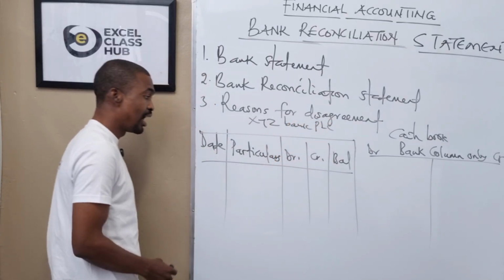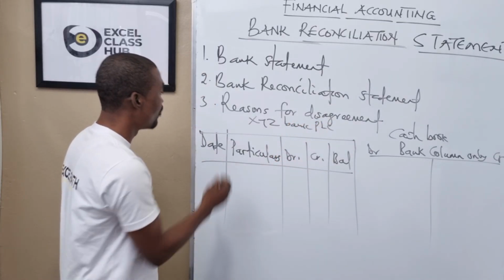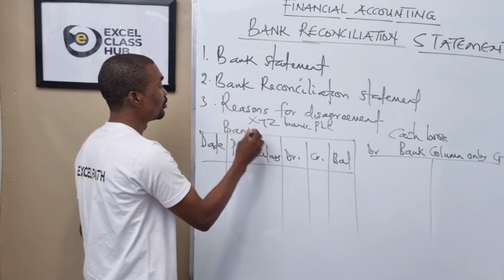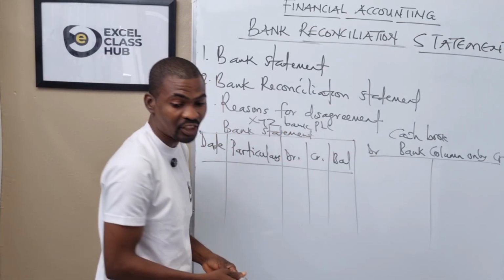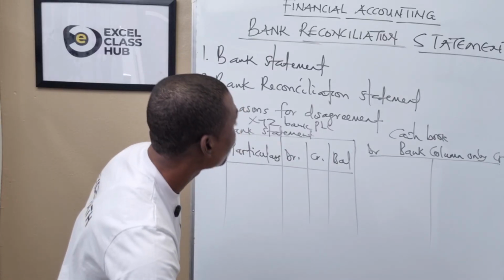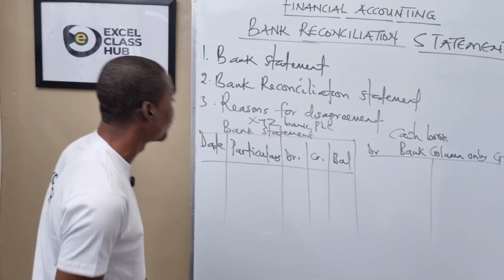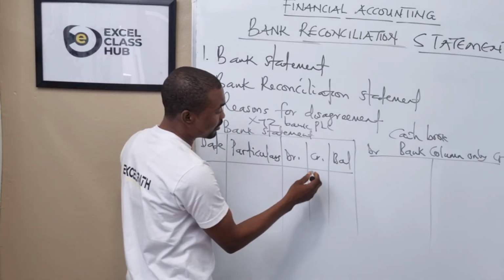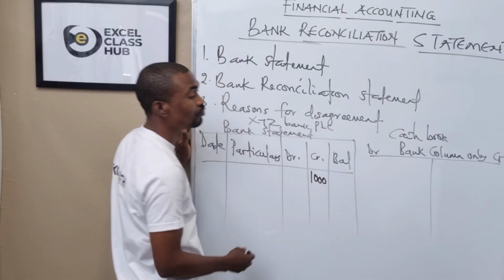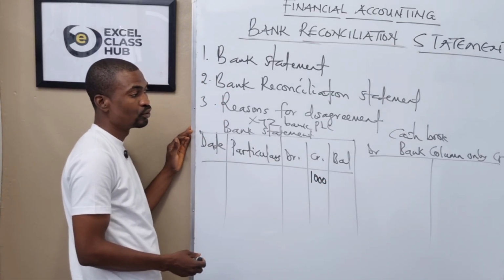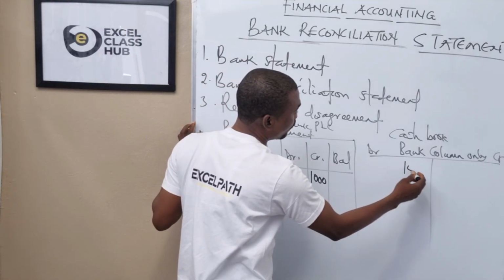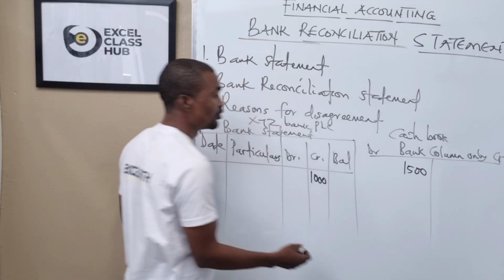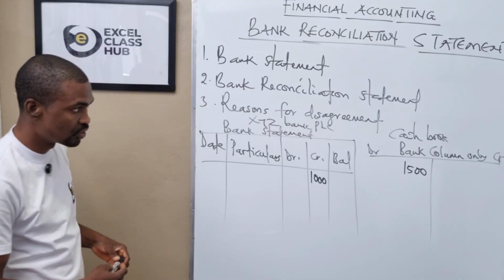And don't forget, these are bank statements, and this is our cash book. Your bank statement is telling you that you have a credit balance of 1,000 naira, and in the cash book that you prepare, you should be having a balance of 1,500. There's a difference between the two.